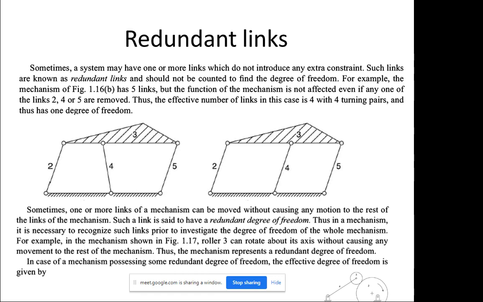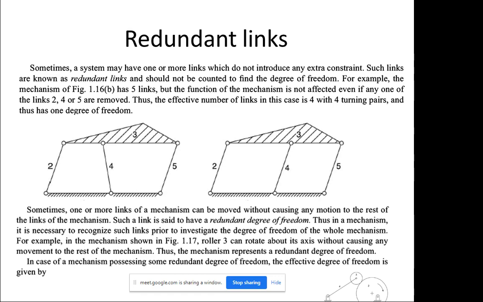The motion will be the same. If you remove 2 also, there will not be any impact. If you remove 5 also, there will not be any impact. Thus the effective number of links in this case is 4. Only 4 turning pairs will be there, and thus it has only one degree of freedom.